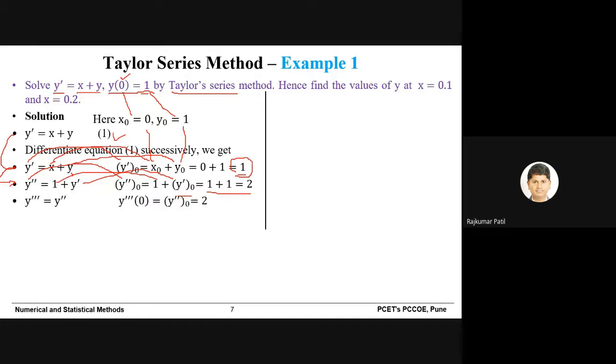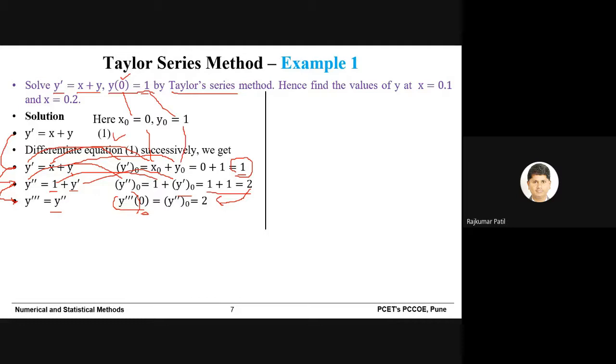Again, we need to take the next differentiation, and you will get y triple dash, which is equal to the derivative of 1 is 0 and derivative of y is y double dash. So put initial conditions, and you can get y triple dash naught, which is equal to y double dash naught, and we know that y double dash naught is 2.